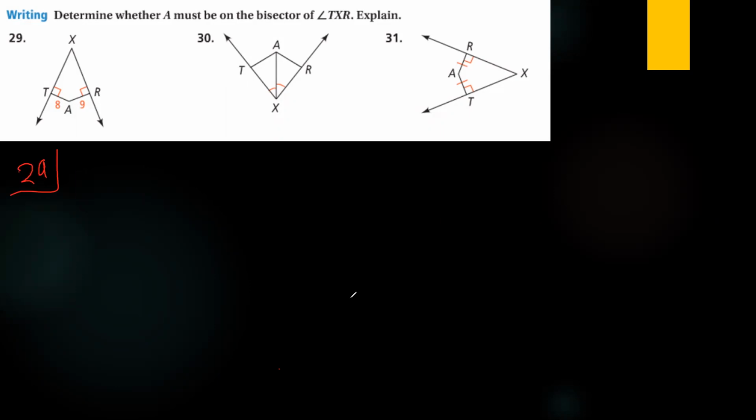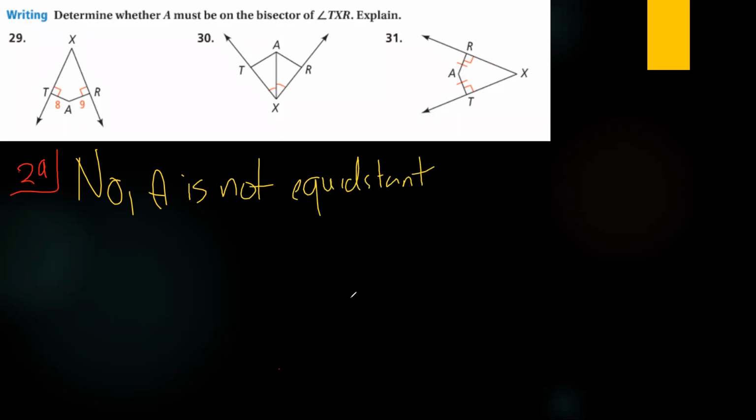You will say no, because A is not equidistant from the sides of the angle TXR. So they are not equidistant from the sides. So we cannot say that point A is on the bisector.